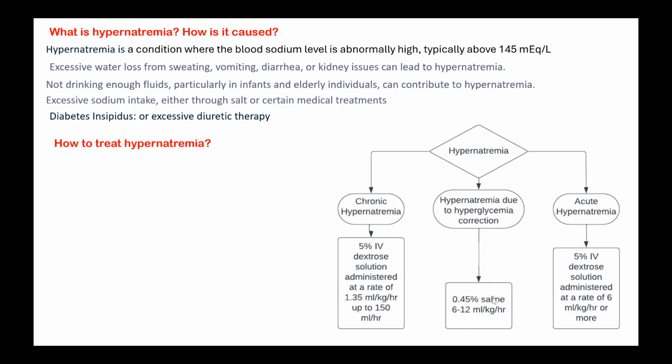You may be thinking, how can saline be given to a patient who is already hypernatremic? But here, the hyperglycemia is also there, so you cannot give 5% dextrose. So you give half normal saline. This will draw water from the interstitial fluid and correct the plasma volume to reduce the sodium level. That is the mechanism by which this will act.